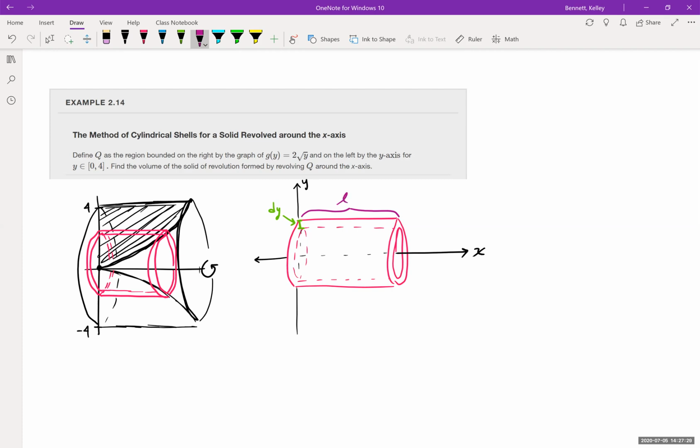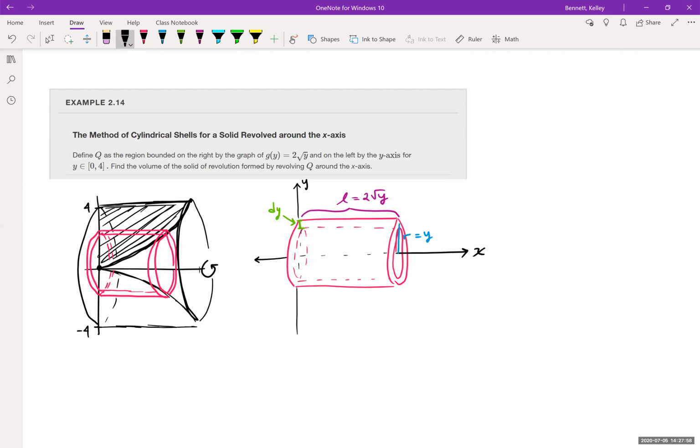So the length actually just equals the function. So it's 2 root y. And then we also have to find the circumference of the whole thing, and the circumference is determined by the radius. The radius here is just how much we went from the x-axis to y. So that's just y. Now we can put it all together.